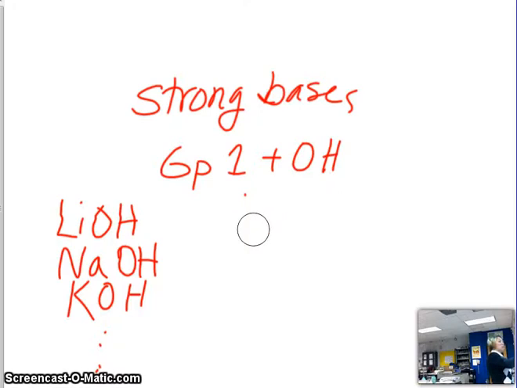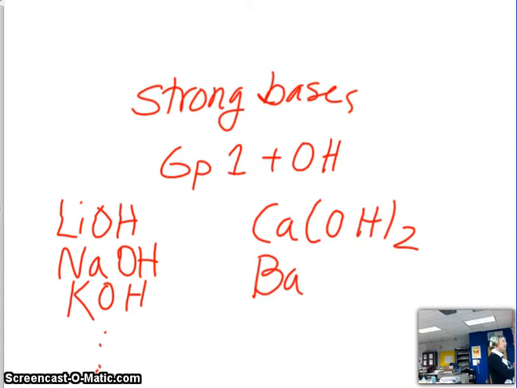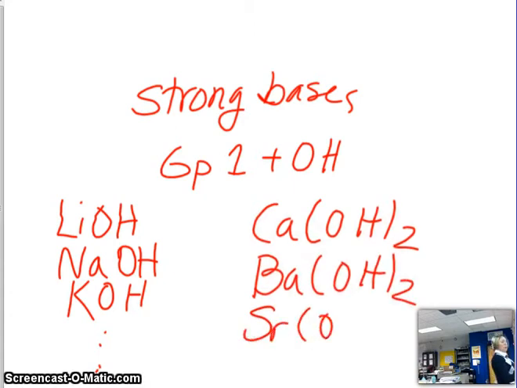I'll just list those ones. It's the calcium hydroxide, barium hydroxide, strontium hydroxide, and you'll never really see radium hydroxide because it's radioactive. So it's all of group 1 OH in this. Any other base you keep together.